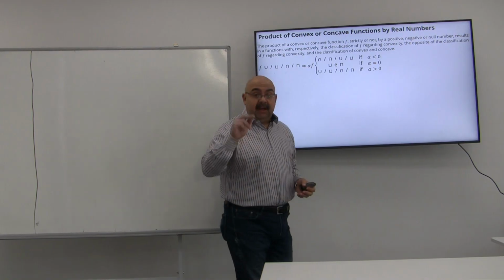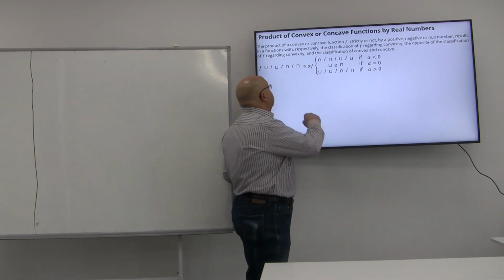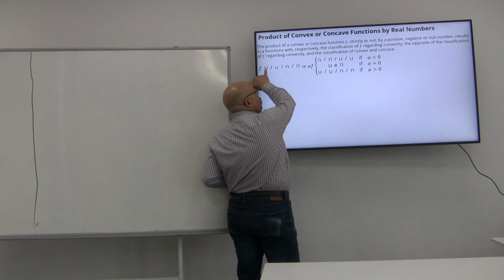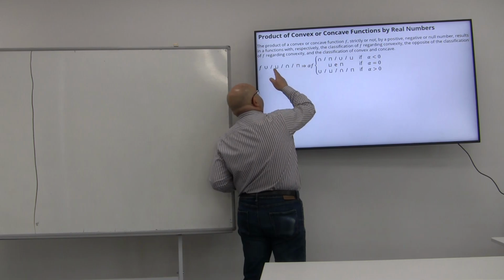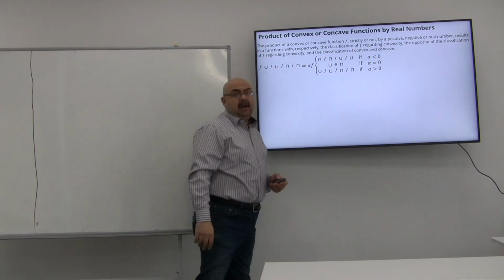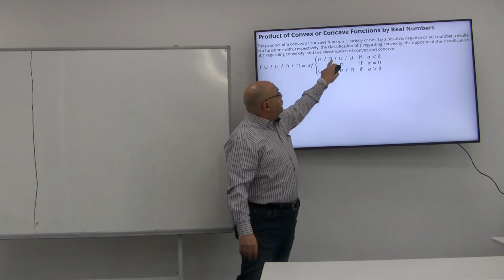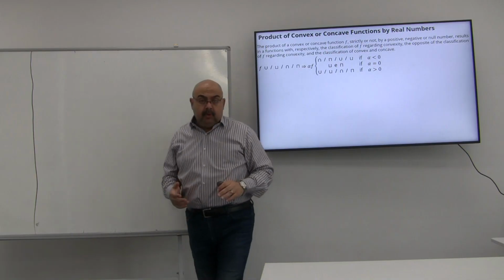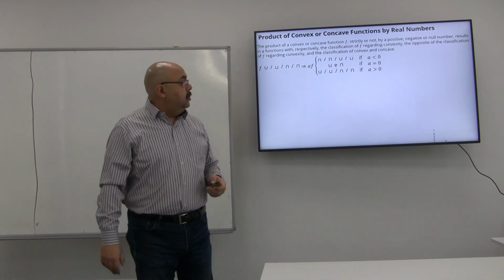But if you multiply by a value that's less than 0, which is a negative number, and you have a strictly convex function, it's going to be a strictly concave function. If you have a convex function and multiply by a negative, it's going to be concave. So what we mean is the classification will take the opposite shape.